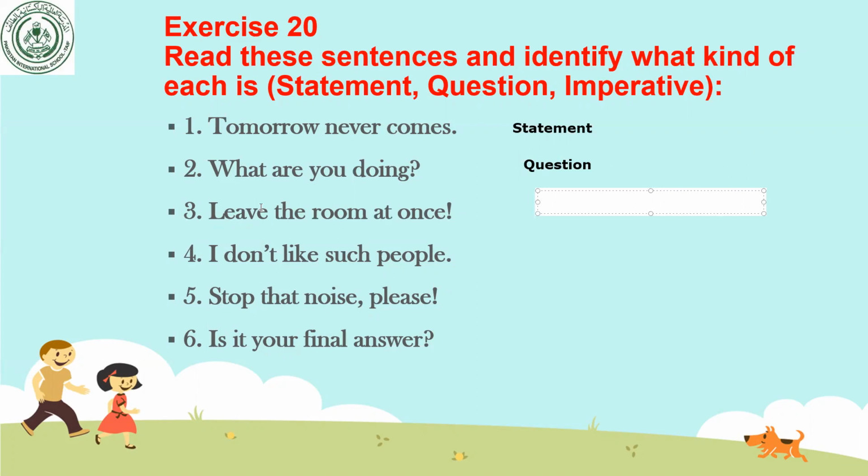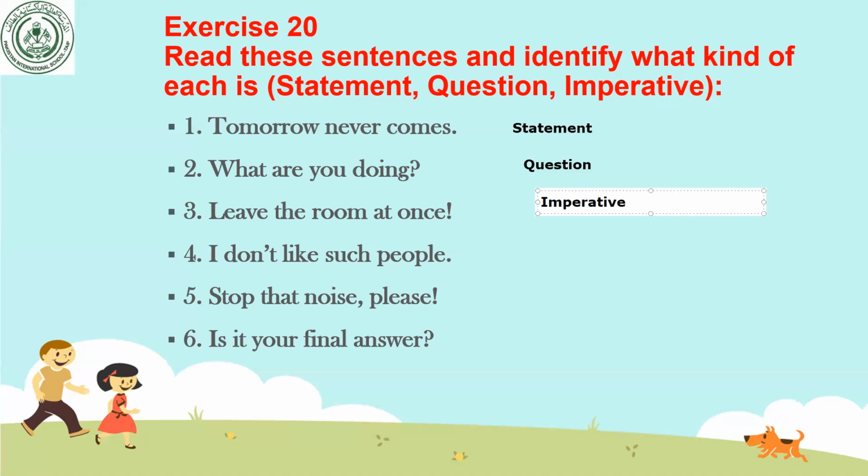Sometimes we say get out, come here, take this, give me, sit down, stand up. In stand up we are not using the word you, but we understand there is a you: you stand up, you come here, you take this, you go back. So here, leave the room at once is an imperative sentence, and this is a command as well.